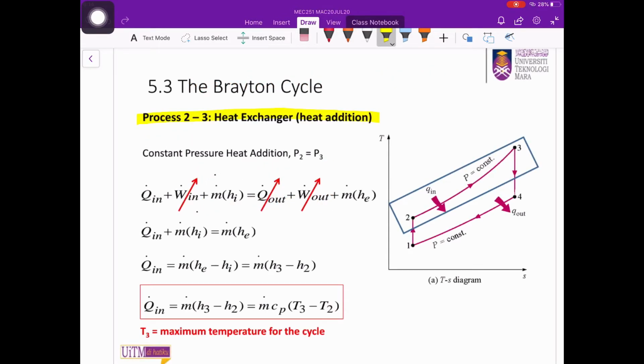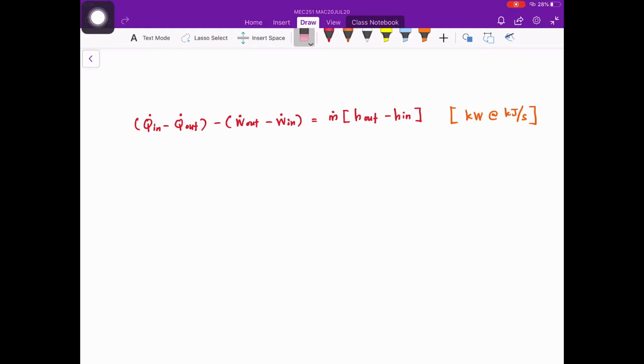Process 2 to 3, heat exchanger, heat addition at constant pressure. Pressure at state 2 is equal to pressure at state 3. From the steady flow energy equation, SFEE, we know that a heat exchanger only receives or releases heat. For our case, it is a heat addition process. Therefore, the term Q dot in is maintained, and there is no work involved in the heat exchanger.